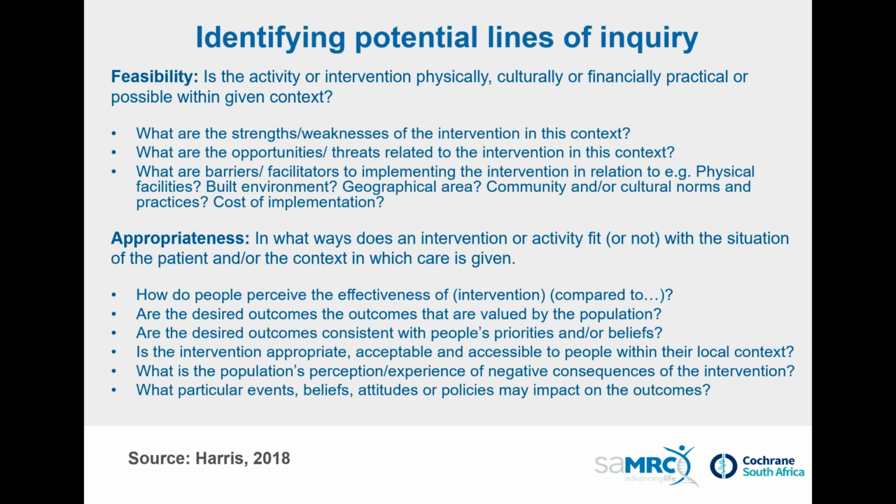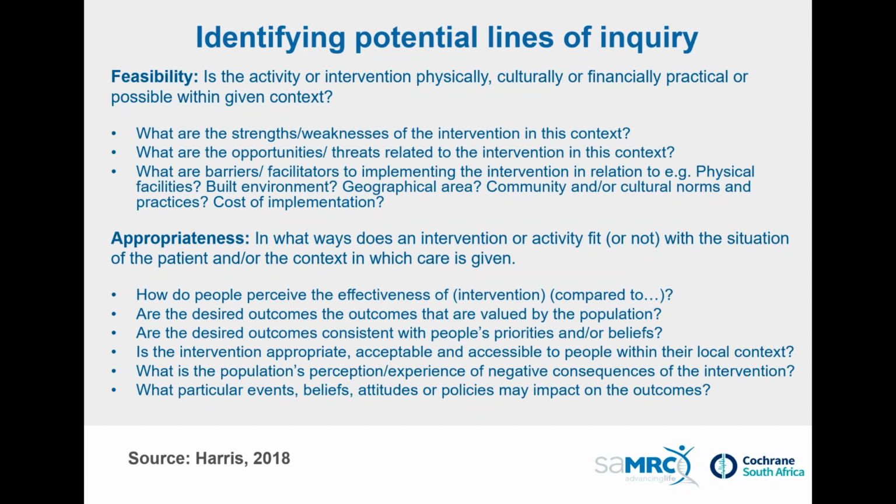These can include questions about meaningfulness or appropriateness, feasibility, equity, affordability, and implementation. And then there's a number of different kinds of questions one can ask for each of these particular lines of inquiry. So for example, you may decide that your specific line of inquiry for the review is about feasibility. So that is really, is the activity or intervention physically, culturally, or financially practical or possible within a given context?